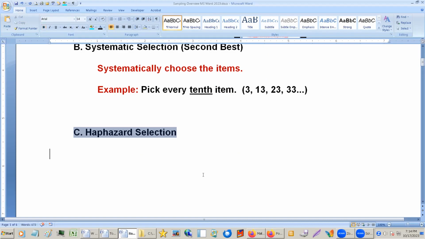Haphazard selection. This is when, I don't want to say randomly.